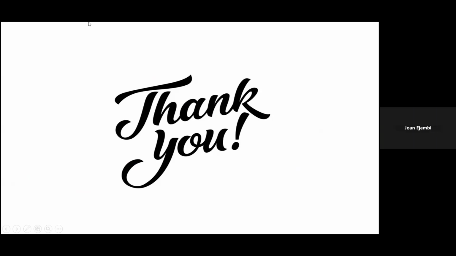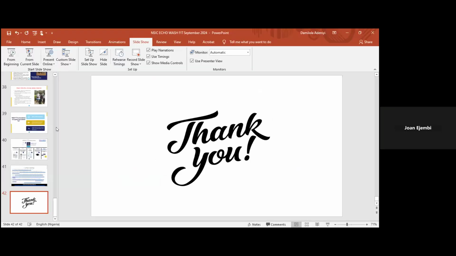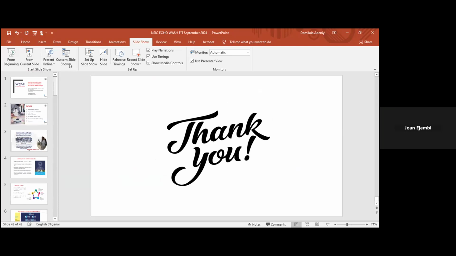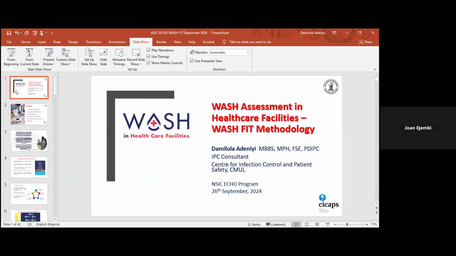Thank you, Dr. Damilola, for that wonderful and explicit presentation. As he said, if you do not plan to improve, there's no point using the WASH FIT, because it is a tool for improvement. And he also let us know that we have 7 domains, and there are various scopes that the WASH FIT assessment tool can help us improve.